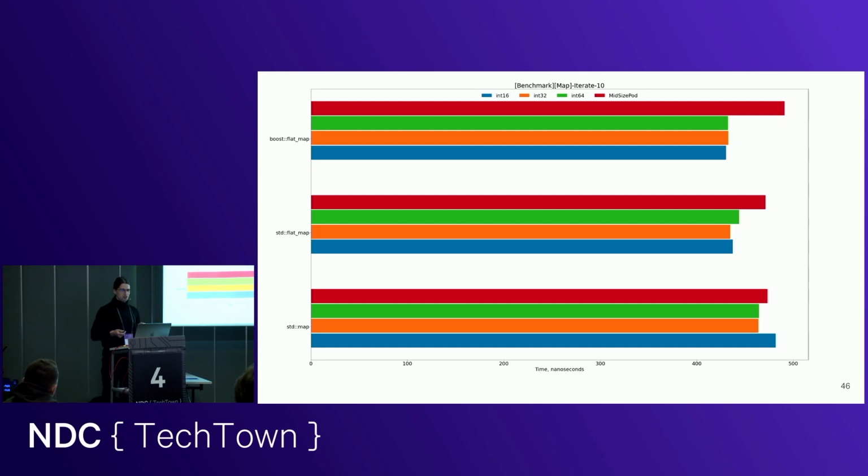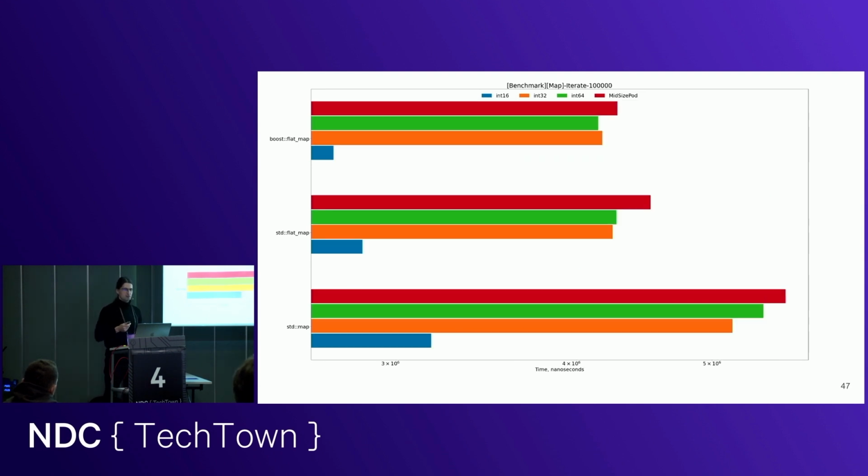So the iteration is surprisingly pretty much the same or comparable for both flat map and my flat map implementation, and that's slightly slower for map. And if we have a large number of elements, iterating over Boost here for the small elements is kind of faster, but for other elements it's comparable.